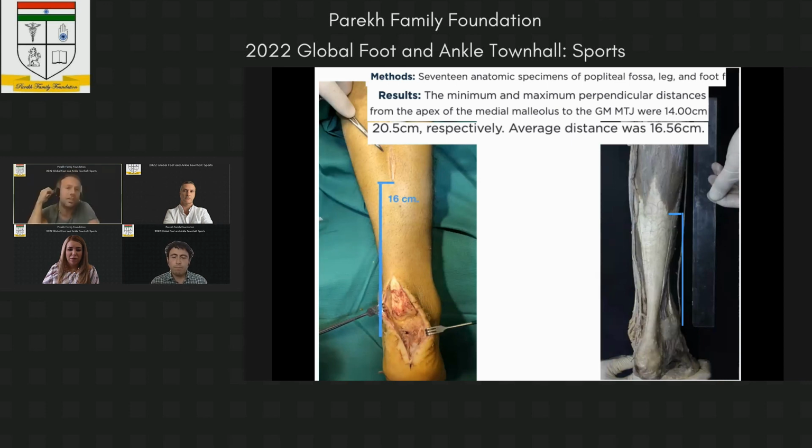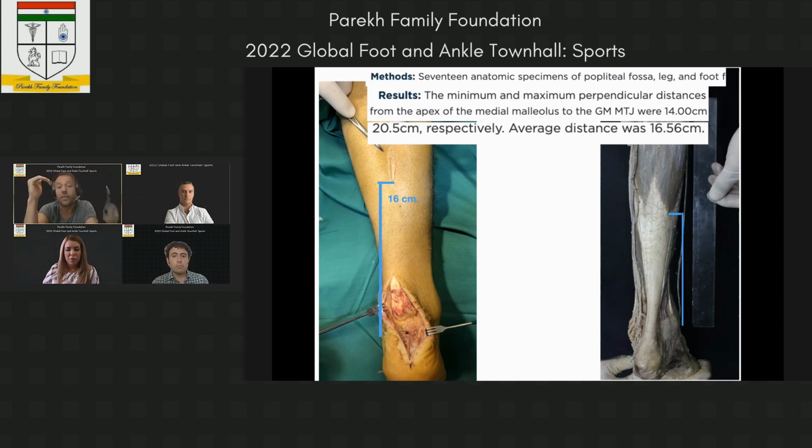We took the minimum and the maximum perpendicular distance from the apex of the medial malleolus to the myotendinous complex of the medial gastrocnemius. The minimum distance was 14 centimeters. The maximum was 20. So the average distance was 16.